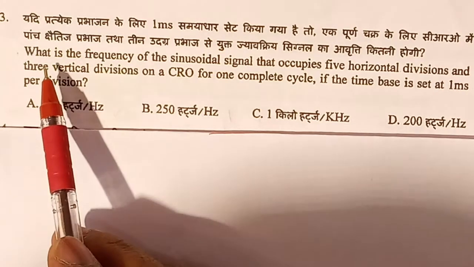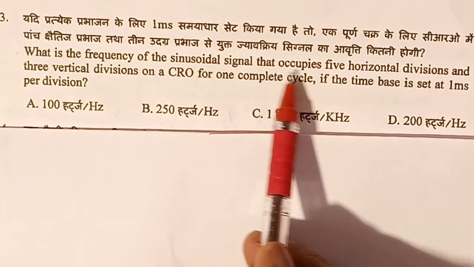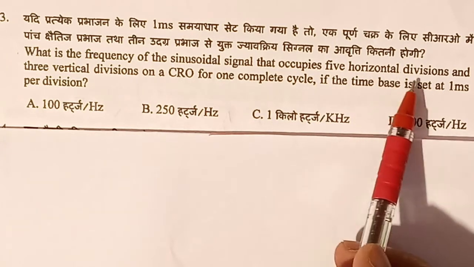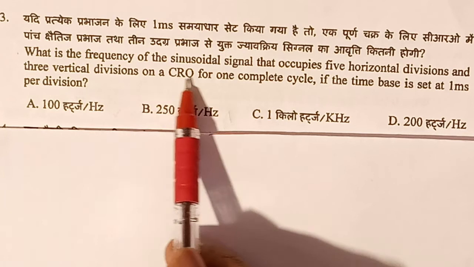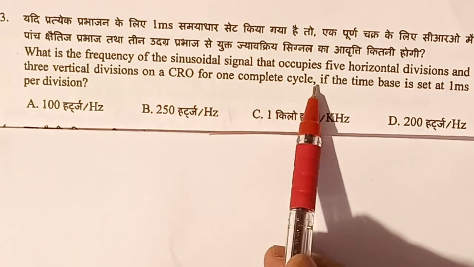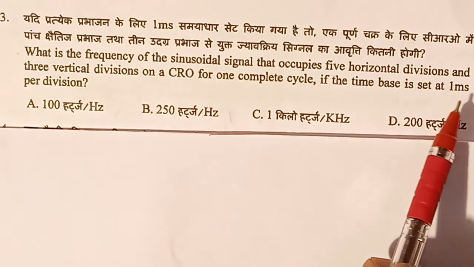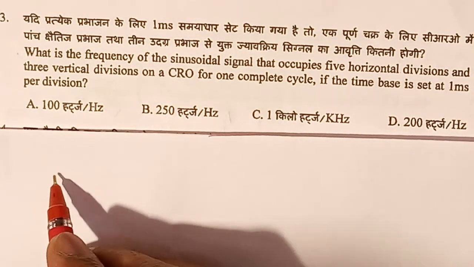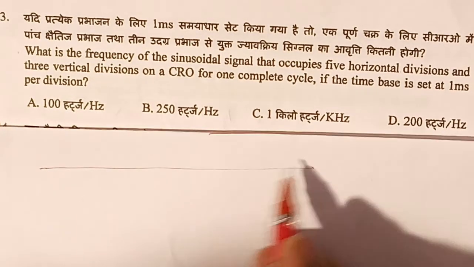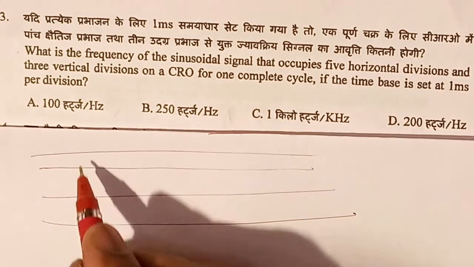Question number 43. What is the frequency of the sinusoidal signal that occupies 5 horizontal divisions and 3 vertical divisions on a CRO for one complete cycle, if the time base is set to 1 millisecond per division? So that means we have a signal and the CRO is showing one signal.